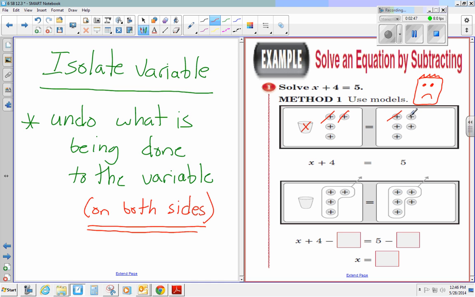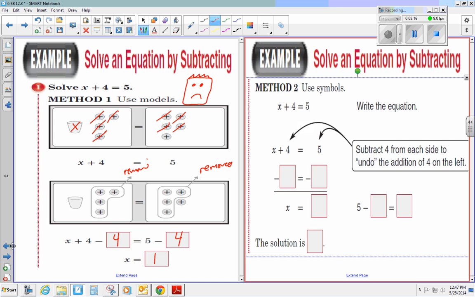There's getting rid of that, getting rid of that, again, on both sides. Get rid of this, get rid of this, get rid of that, get rid of that. So what we've done is we have then removed some positives, which means it's 5 minus 4. 5 minus 4 is 1. So what you're doing is you're using these counters, this model, to come up with it.